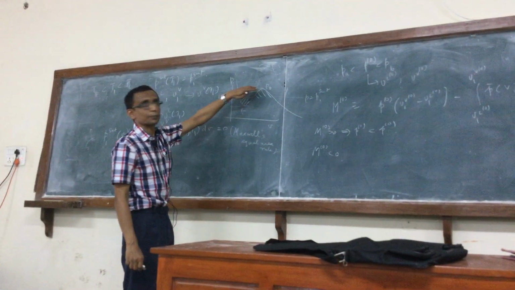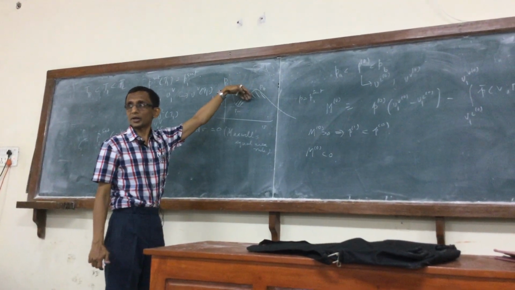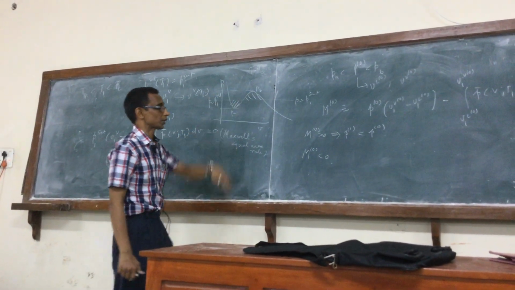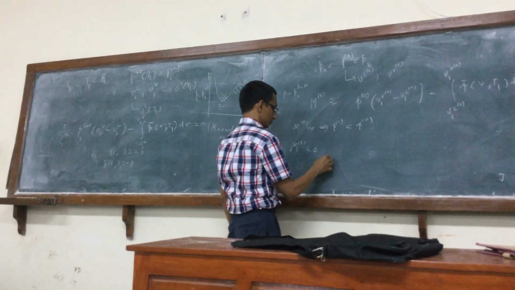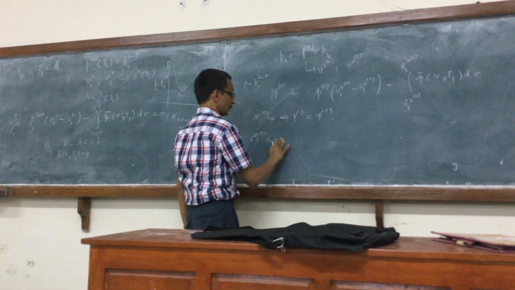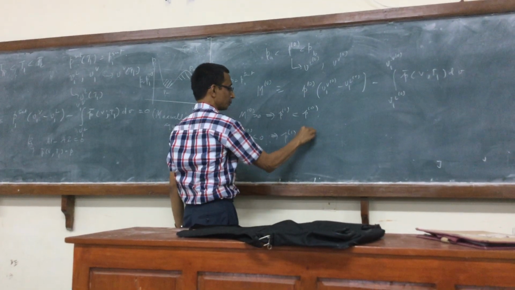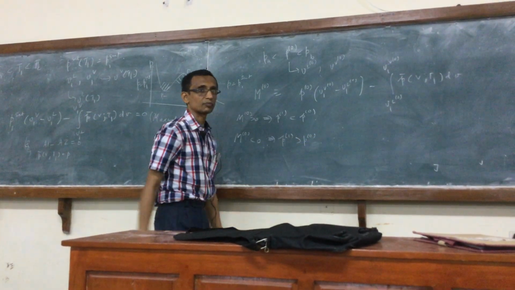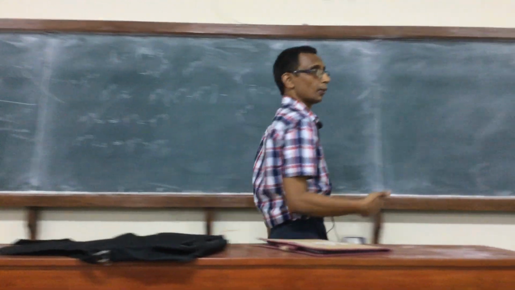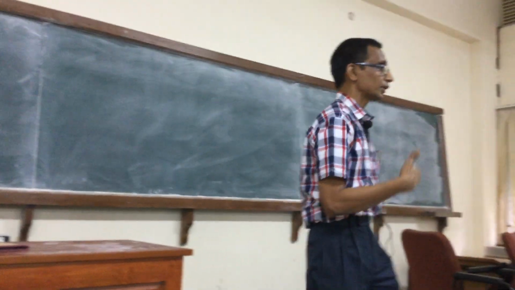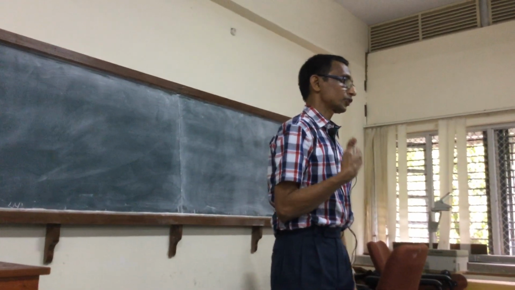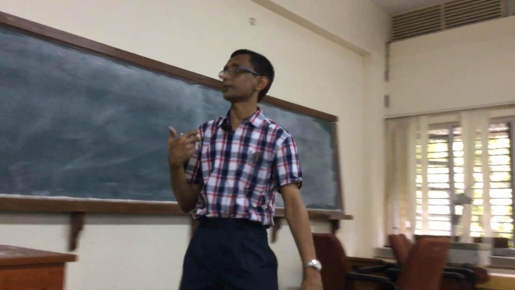This area is greater, which means we have chosen a higher pressure than what is required. We have to bring down the pressure. And if M0 is less than 0, that means P1 must be greater than P0, what I have chosen. This will be the new pressure with which I again calculate a new M, which you can call M1, for instance.